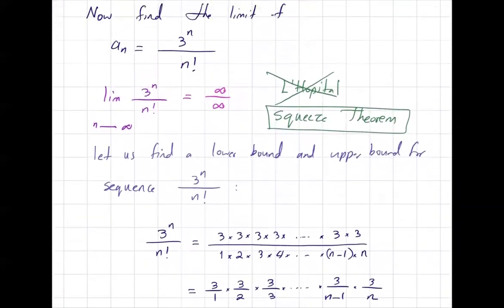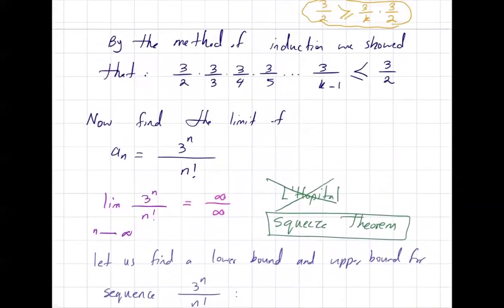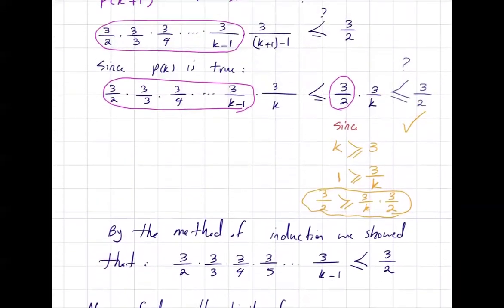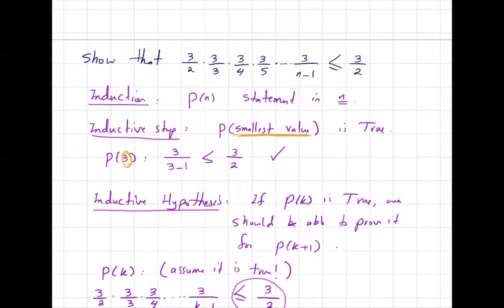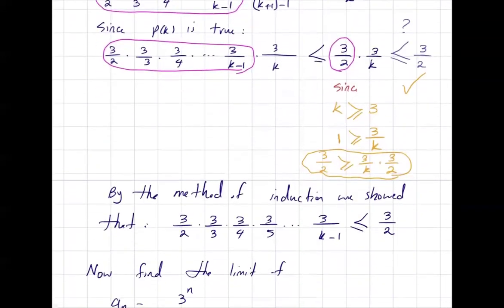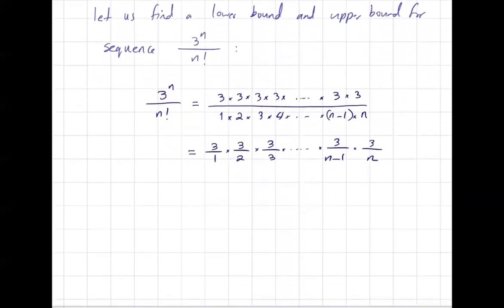From induction here, we know that 3 divided by 2 times 3 divided by 3 times 3 divided by n minus 1 is less than or equal to 3 over 2. We just showed it using induction.